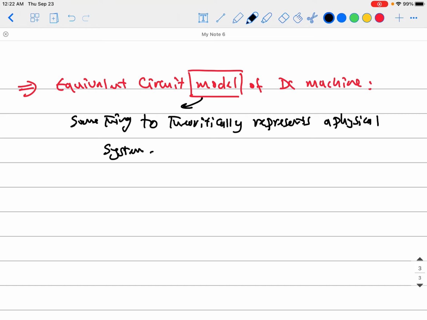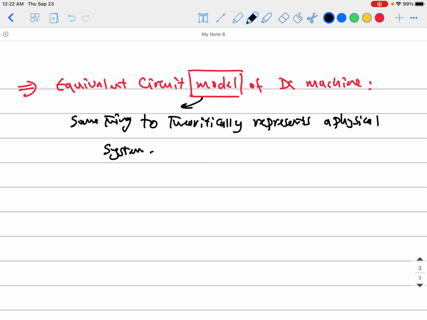We need some set of equations to predict the performance of this machine. Not any machine, but a particular machine. If you have a machine in your hand, and I as the manufacturer give you some information about this specific machine, you can use a set of equations or a theoretical model to predict the performance of this machine.